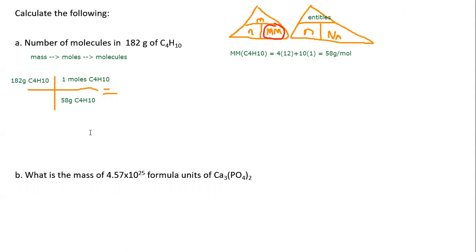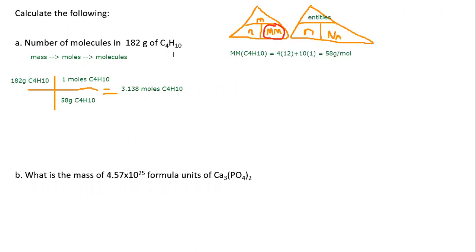Again, this is just to get to moles, then we've got to go to molecules. So we get 3.138. So now we have the moles of butane.